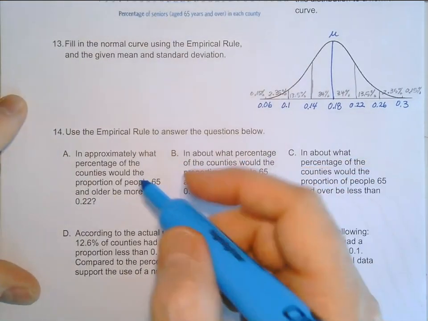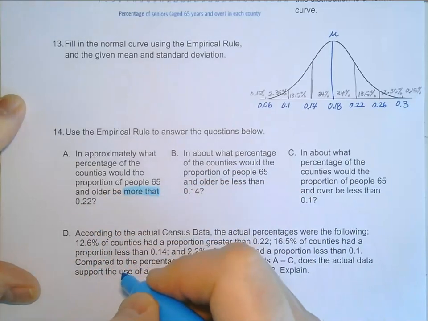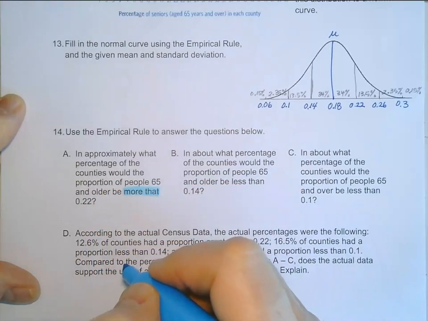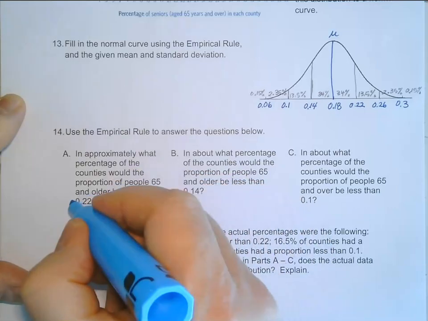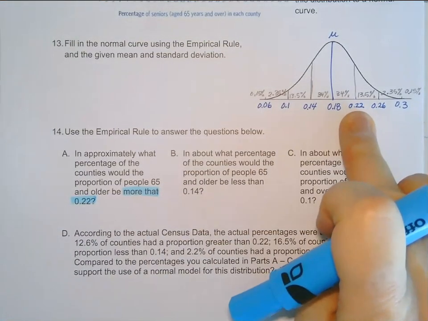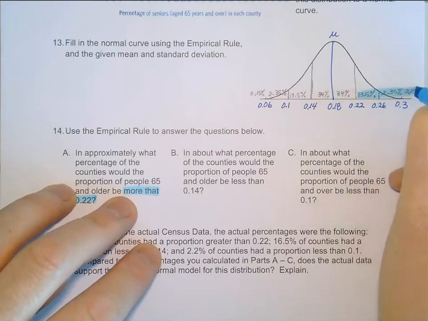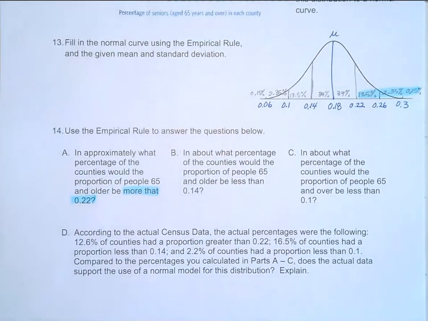So we're looking for more than 0.22. Here's 0.22. So we're literally looking at just these last three.